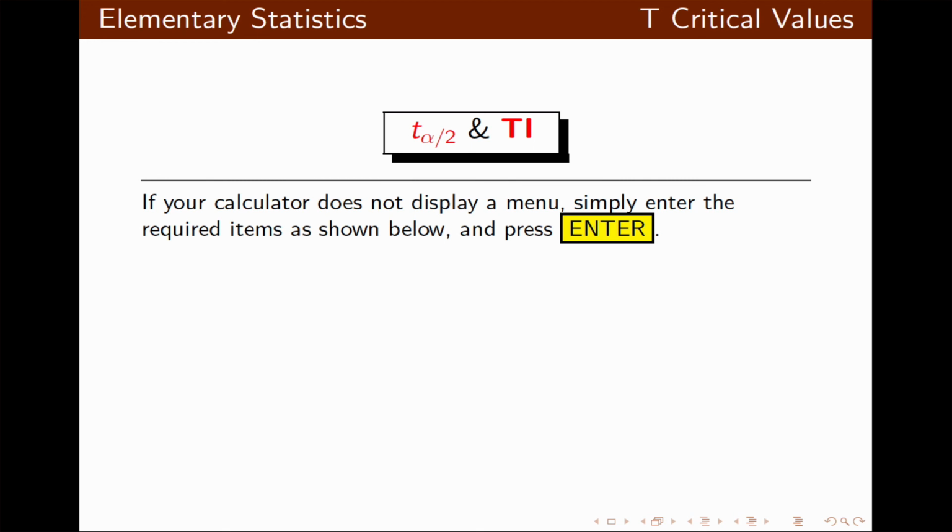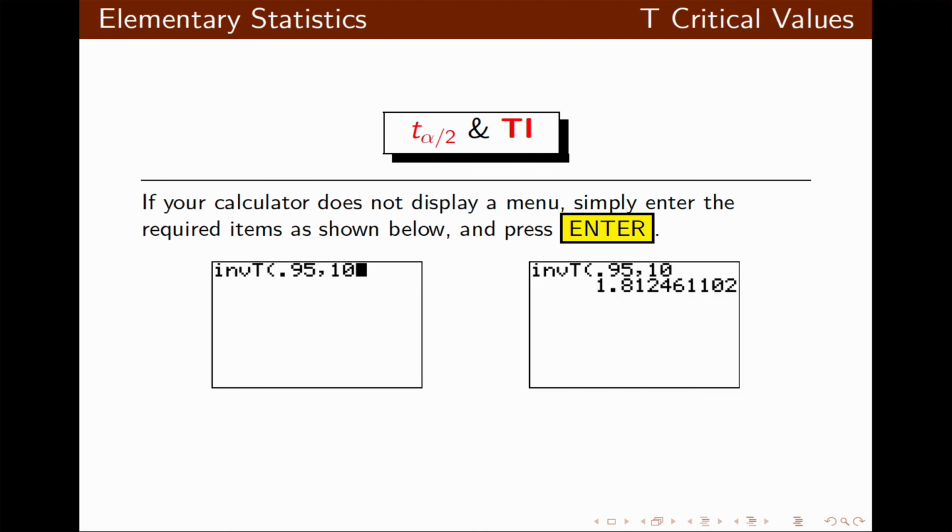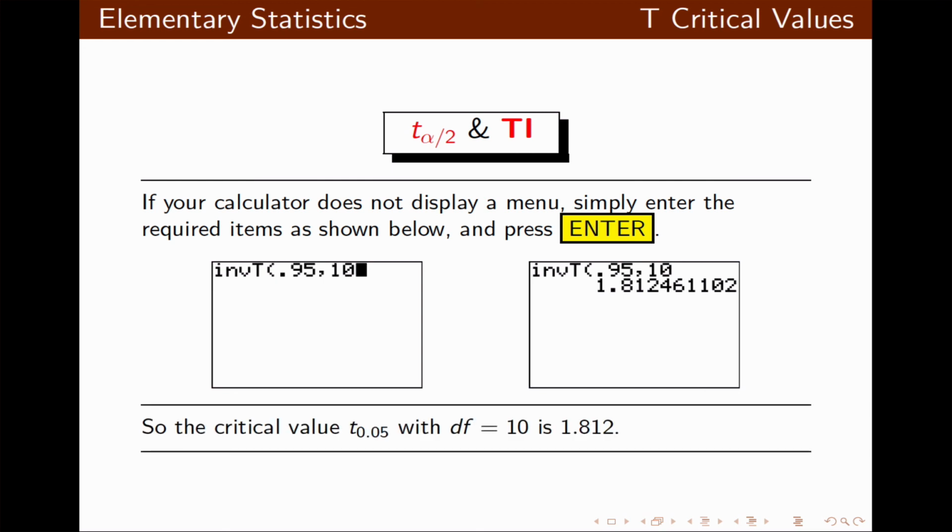In case your calculator does not have a menu, you simply enter the required items and then press enter. You of course separate the items by comma. So left area, comma, degrees of freedom. So the critical value t of 0.05 with the degrees of freedom 10 is 1.812.